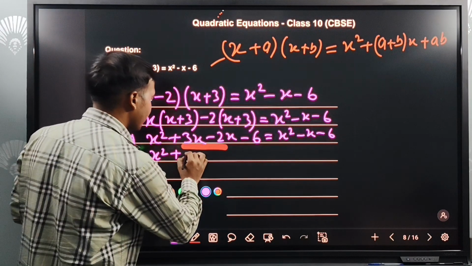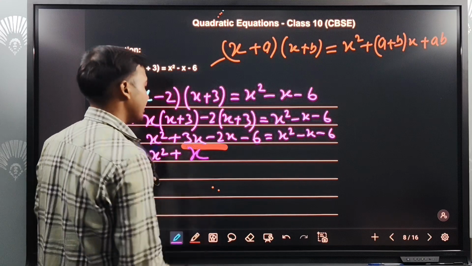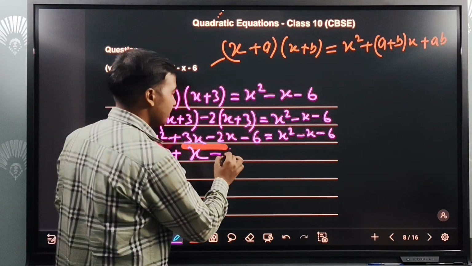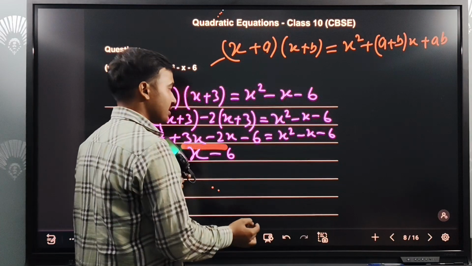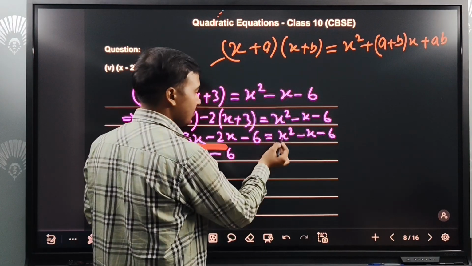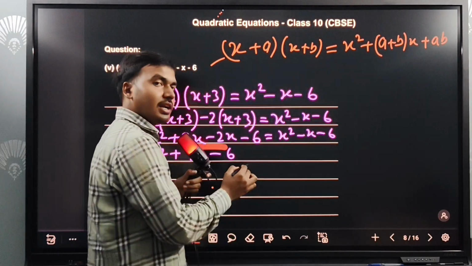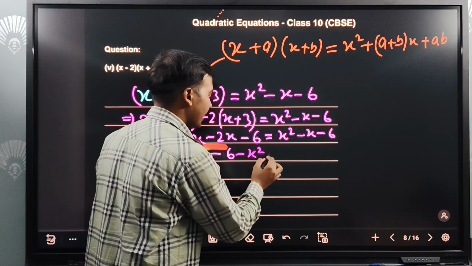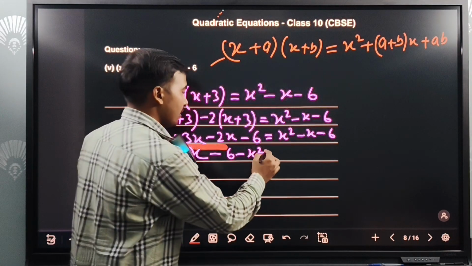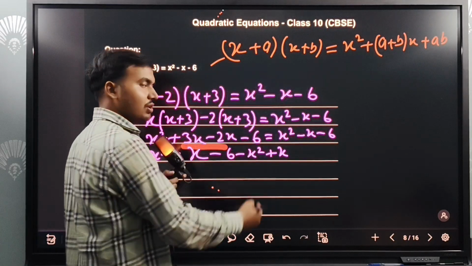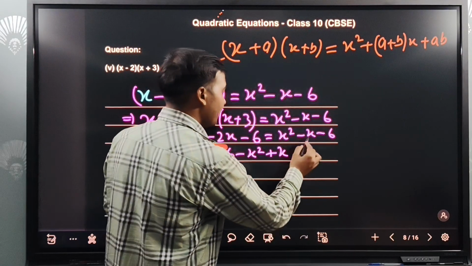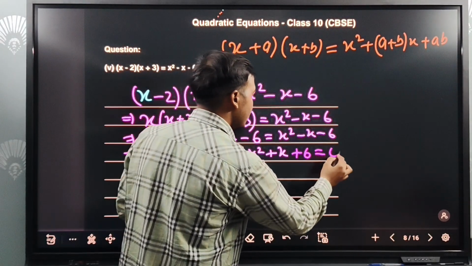You will get only x, so you can write it as x minus 6. Bring all the terms of RHS to the left hand side. x square is positive, so on the left side it will become minus x square. So you can write minus x square minus x, you will get plus x, and minus 6 when you bring it to the left side, it will be plus 6 is equals to 0.